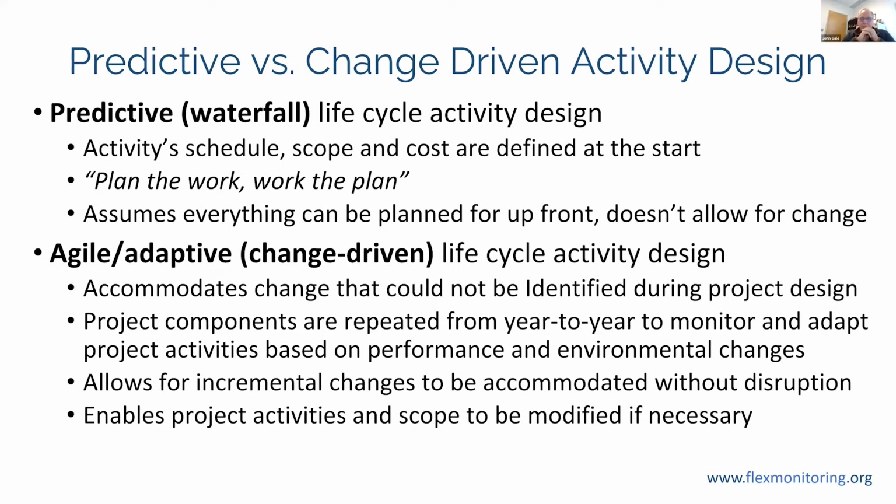You're basically looking at the schedule, scope, and cost as defined at the beginning of your initiative. And it assumes everything can be planned up front and continues to move in a very logical fashion. It's basically plan the work and work the plan. It's sort of militaristic in some respects.